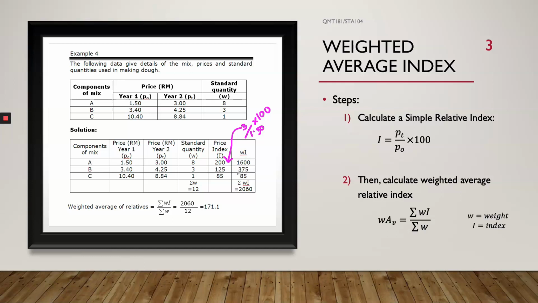So you sum this column as well as the weightage column. Here you will get 2060 divided by 12, and this is the value of the weightage average of relative.